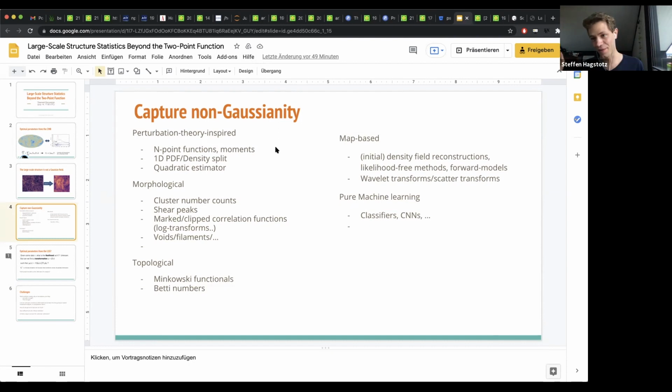It depends on a lot of things, on your survey, on whatever you're observing. But what I mean is, let's say you have 2-point statistics plus cluster counts. Does adding information from shear peaks do much? Apart from different systematics, information-wise, I'm not so sure.